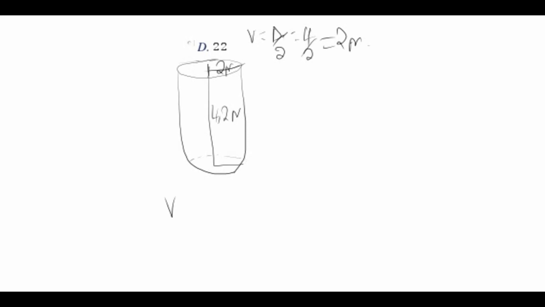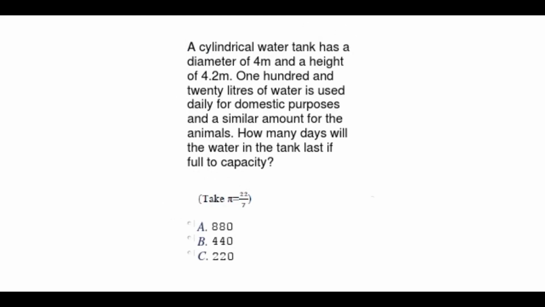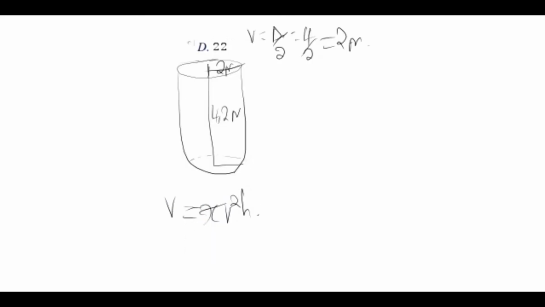The volume of a cylinder is given by pi r squared h, and we are given pi to be 22 over 7. So we have 22 over 7 multiplied by r squared, which is 2 squared, multiplied by our height, which is 4.2.